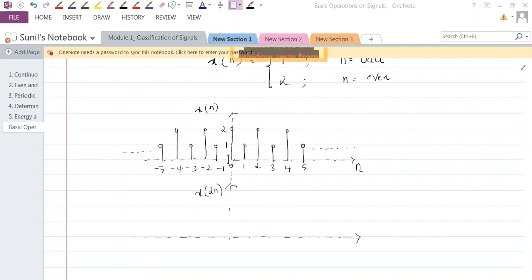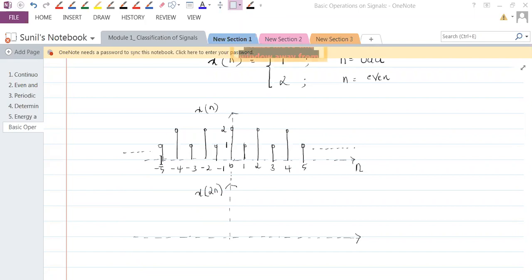Now tell me, in a similar way, what should happen to the samples at 3 and -3? They should come at 1.5 and -1.5, but 1.5 and -1.5 are not there because they are not integer instants, isn't it? So the samples existing at odd numbered n's would vanish here, because the sample at 5 should come at 2.5, but 2.5 is not to be seen.